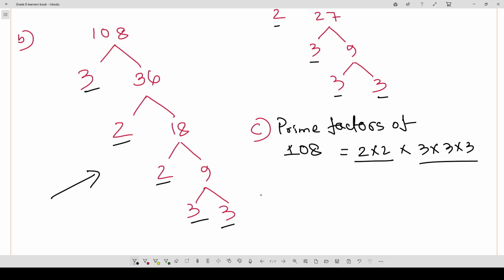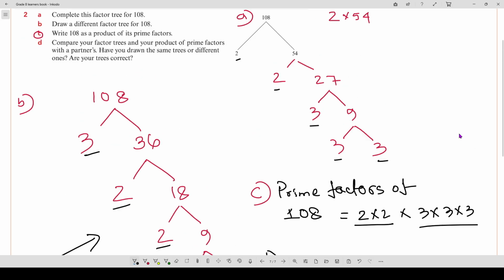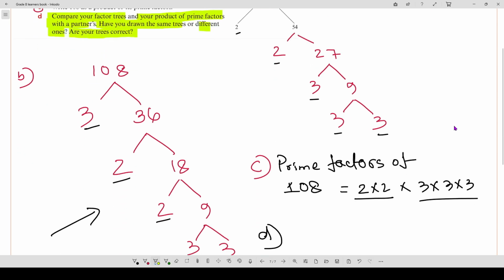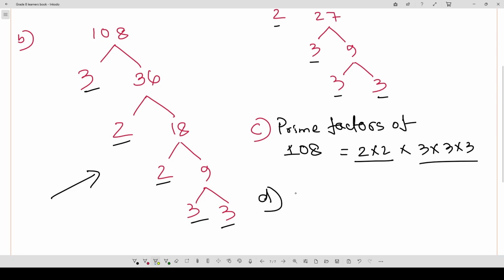Okay, now number D, compare your factor trees and your product of prime factors with a partner. Have you drawn the same trees or different ones? Are your trees correct? Look, here is the important thing.